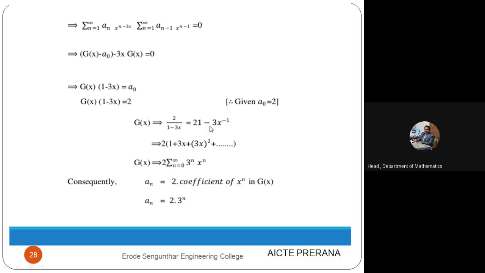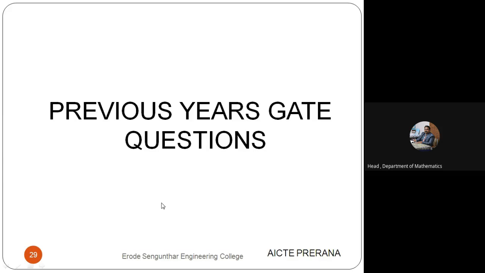We expand this, 1 plus 3x plus 3x the whole square plus etc. We know that an equal to the coefficient of x power n in g of x. That is 2 into the coefficient of x power n, an equal to 2 into 3 power n. This is the solution of the given recurrence relation, an equal to 2 into 3 power n.